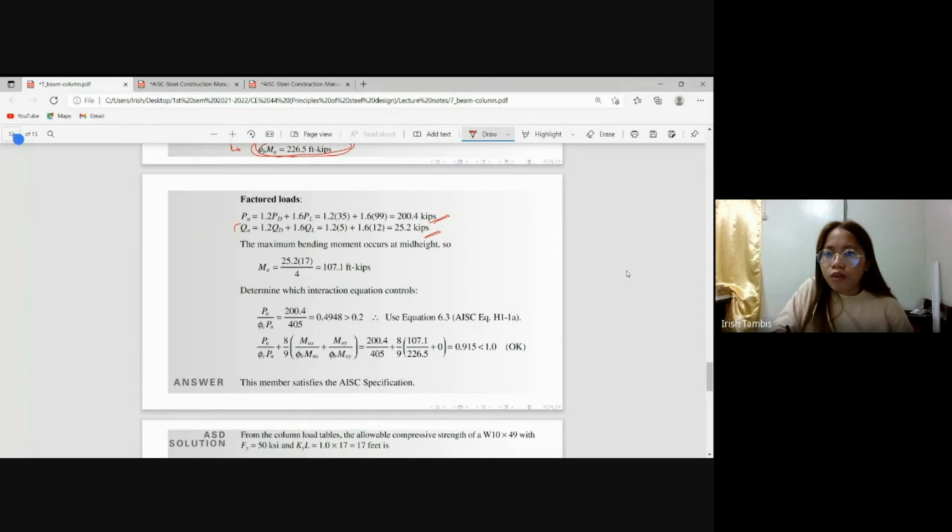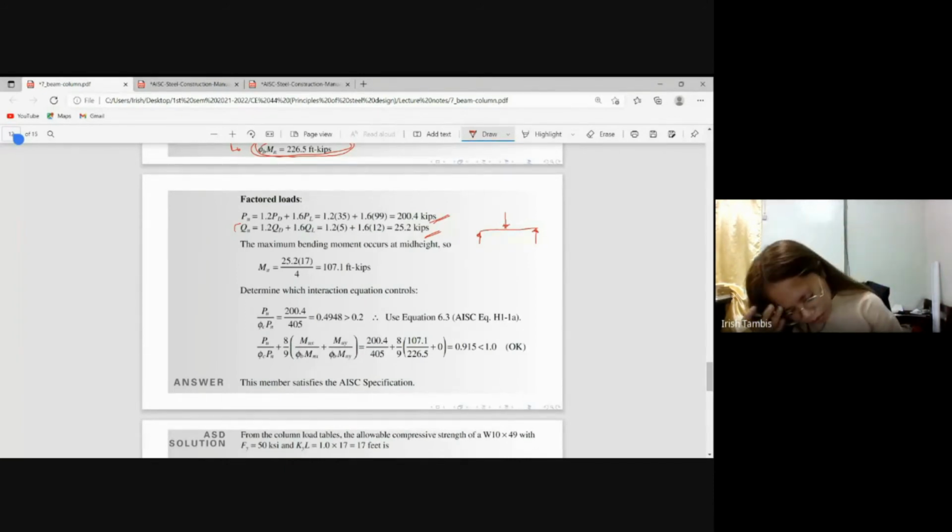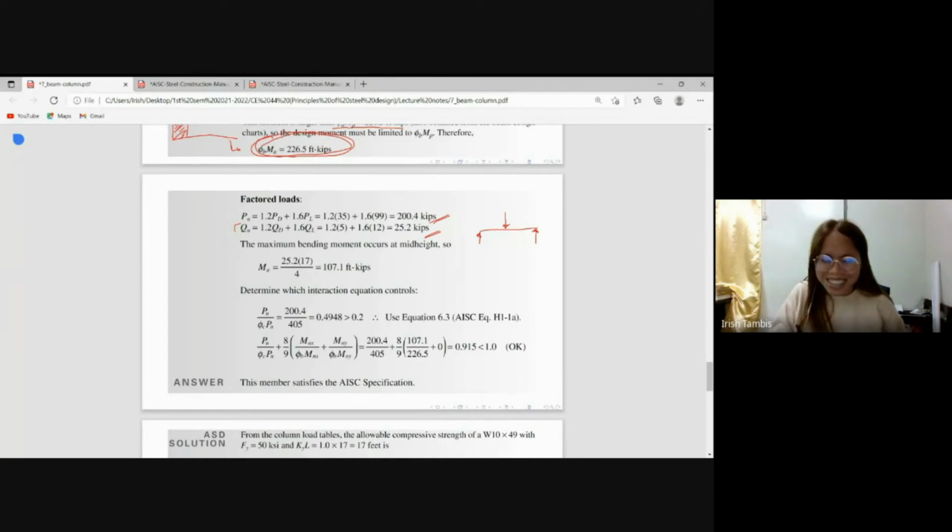And remember, if you have a concentrated load at the middle, the maximum moment, from your knowledge of Mechanics of Deformable Bodies and Theory of Structures, kung nakay simply supported beam, then nakay concentrated load, this is PL over 4, di ba? The maximum moment.